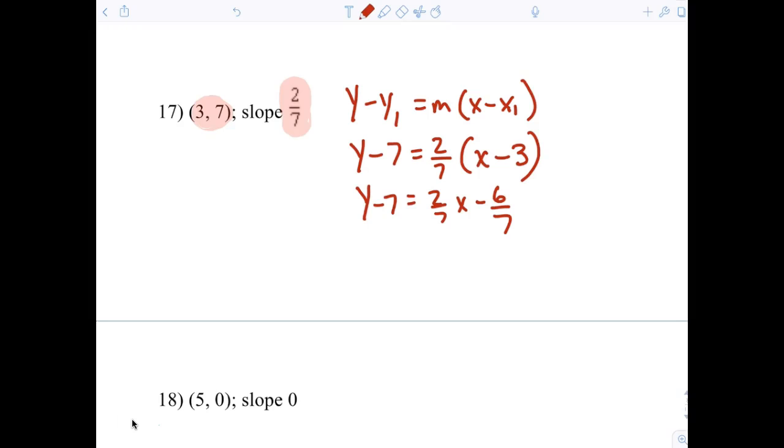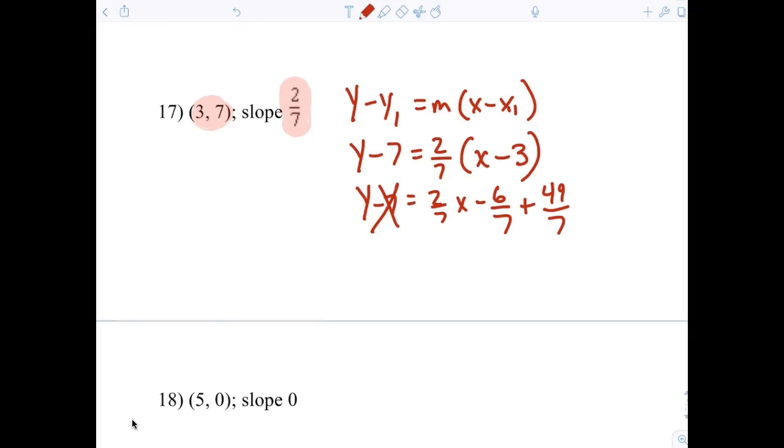Now I have to add 7 to both sides, which gets rid of this. Now if I add 7, how many sevenths is 7? 49. That's what you're supposed to be able to tell me. It's 49. All right, so I have plus 49 over 7. And so that gives me what?